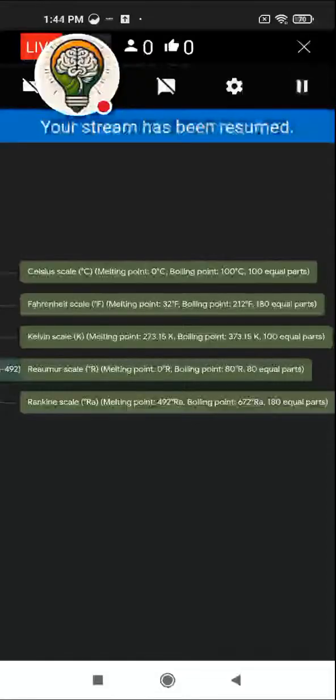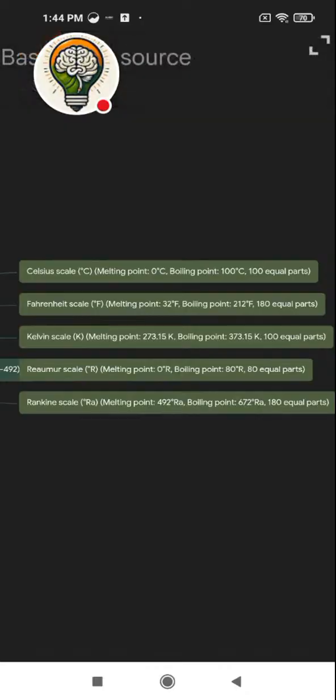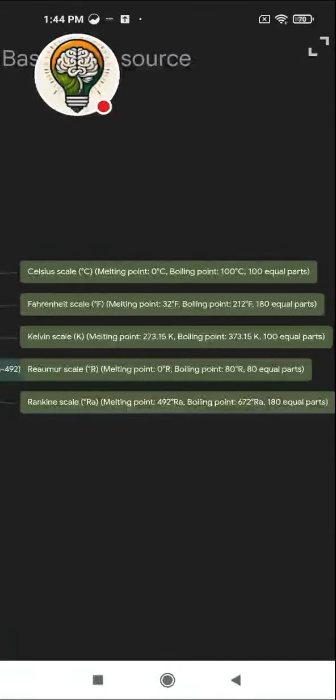So the Celsius scale has melting point 0 degrees Celsius, boiling point 100 degrees Celsius, and 100 equal parts. Fahrenheit has melting point 32 degrees Fahrenheit, boiling point 212 Fahrenheit, and 180 equal parts.